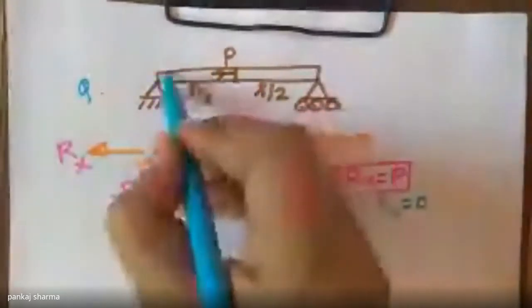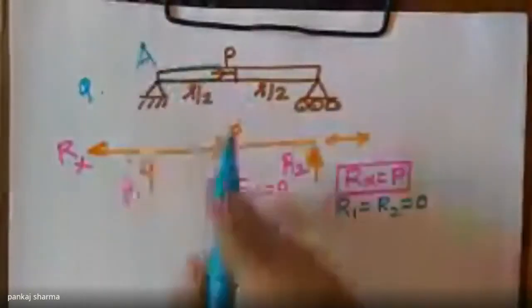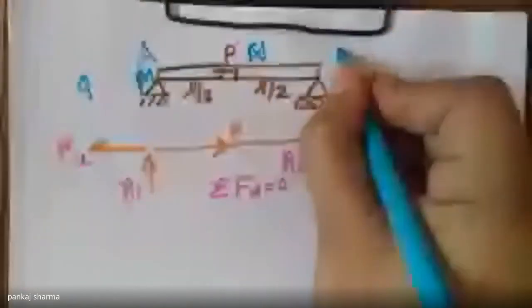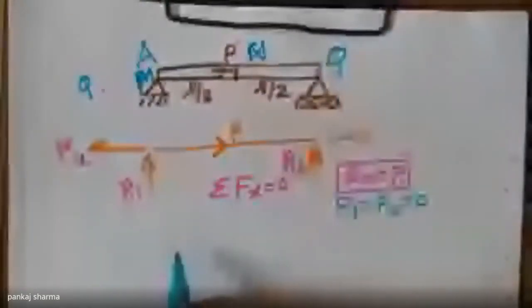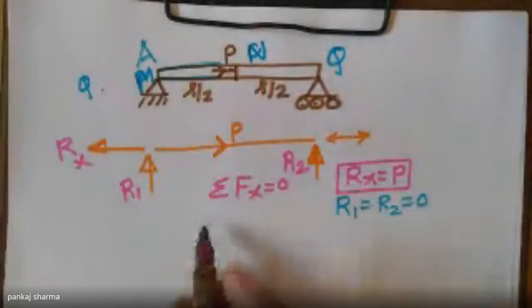Suppose the cross section area of this beam is A, and the load P is here. Suppose this is point M, this is N, and this is point Q. Now the question is: what is the stress induced at this cross section?